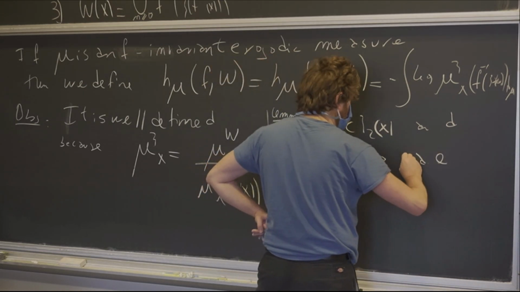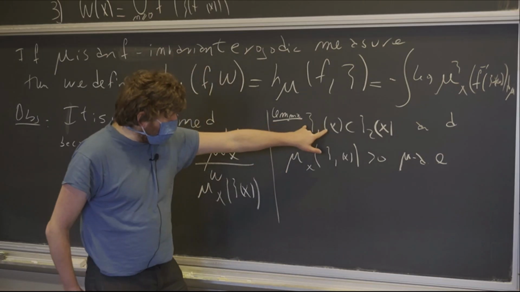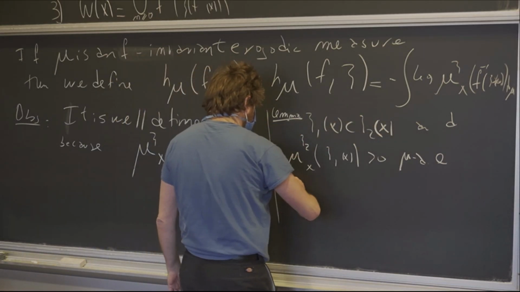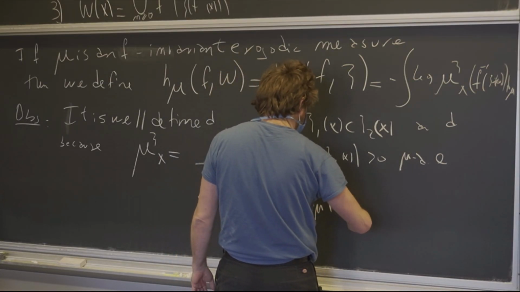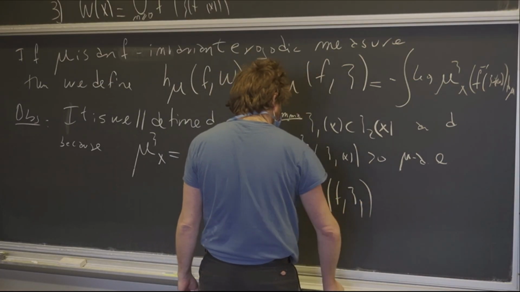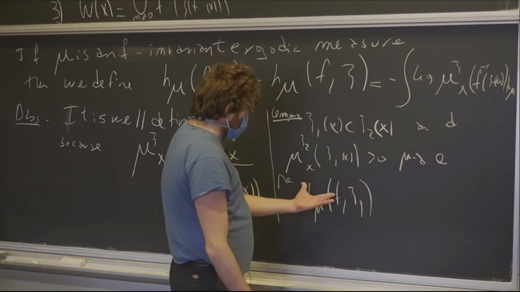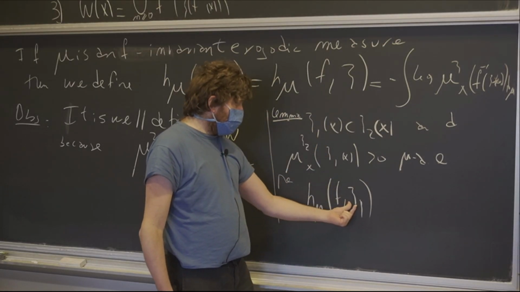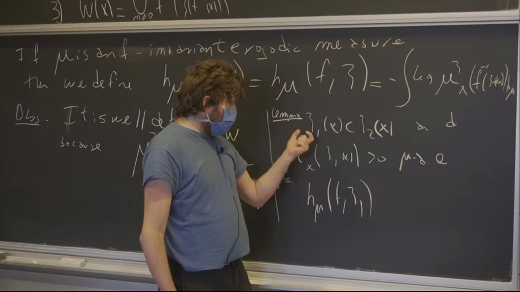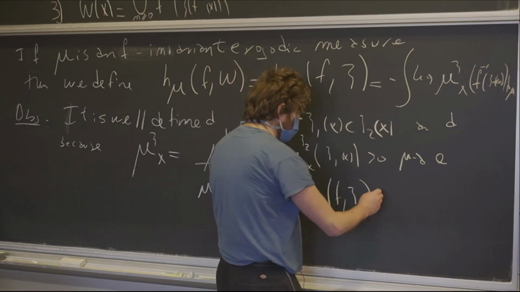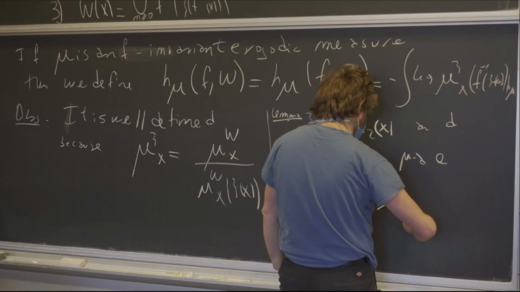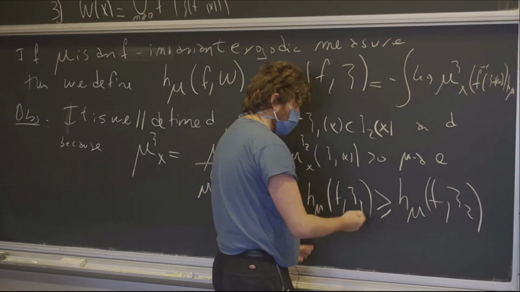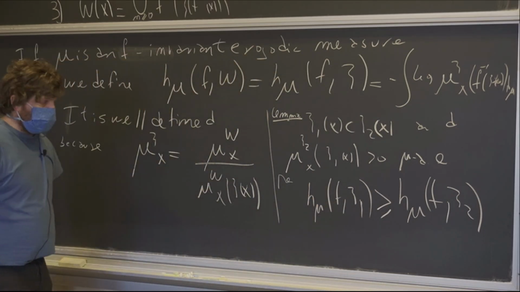So if the atoms have positive psi2 measure, then the entropy for psi1, since these are smaller, or quite a bit smaller, tends to give you more information than the previous. If I remember correctly, that's what you are supposed to have, and that's just Jensen's inequality. So this is the proof of this Jensen inequality.